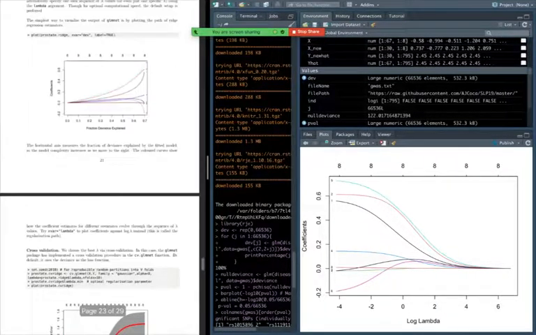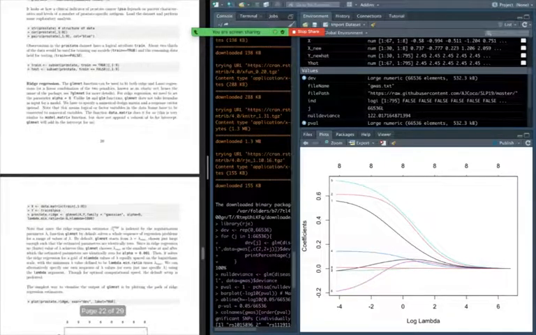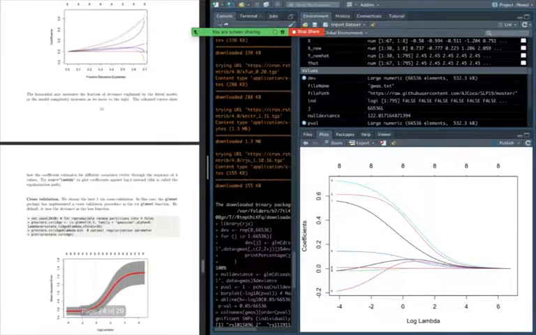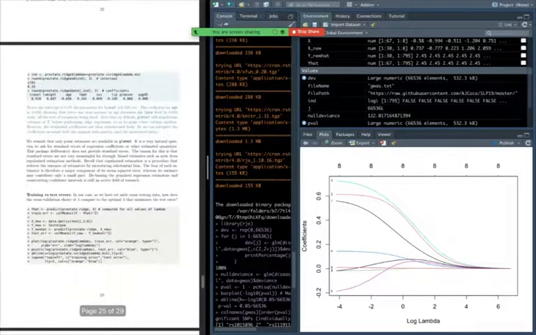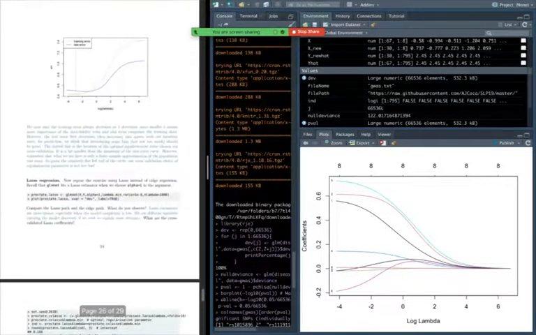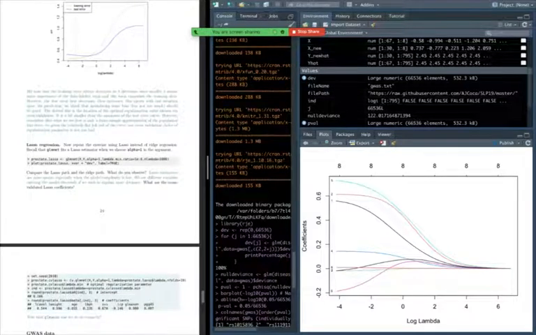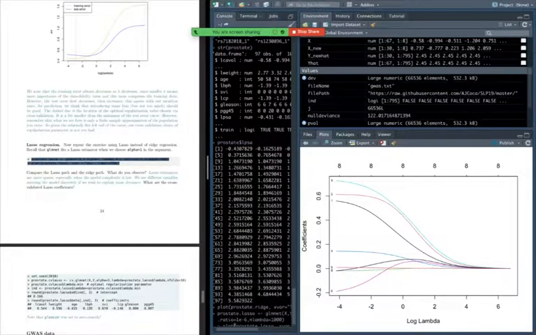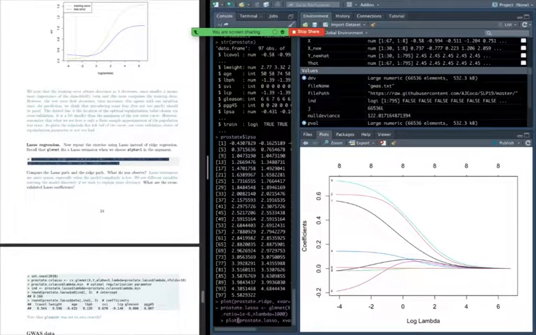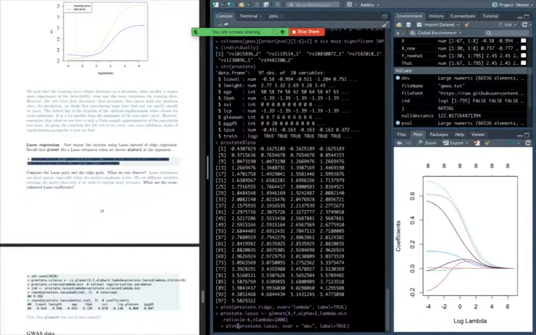So let's see, where is lasso here? That's ridge. Should be somewhere. Okay, well, it is here. Okay, just make this larger.